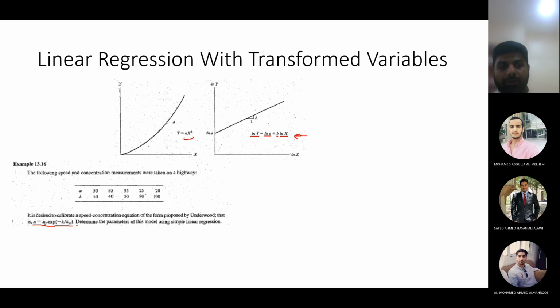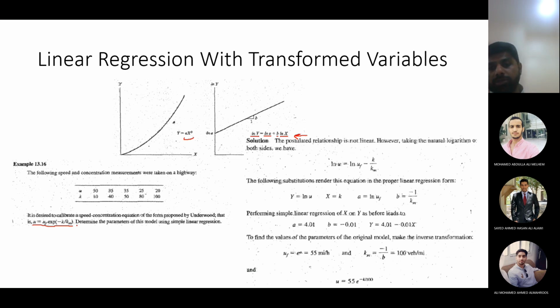So we have a non-linear relationship. We will transform it into a simple linear relationship. How? We have an exponential. To remove the exponential, we have a power of the exponential. To remove that power, again we will take the log on both sides.